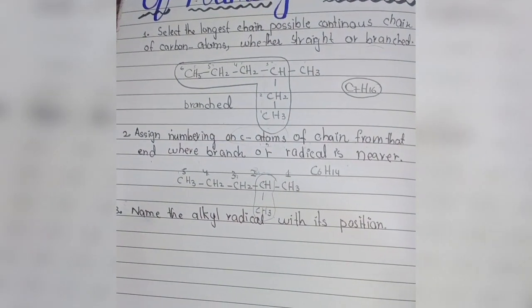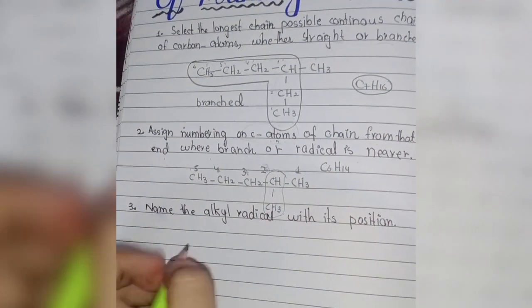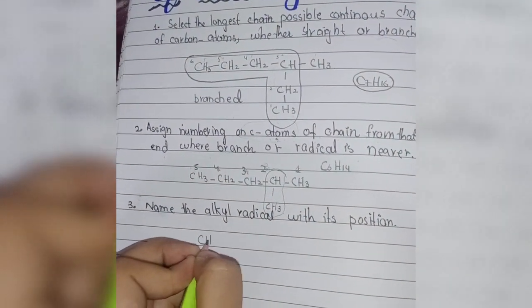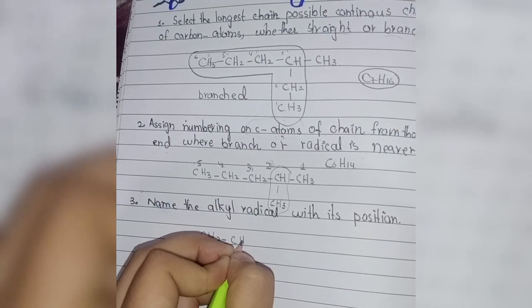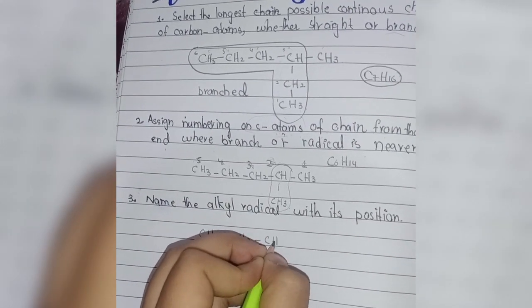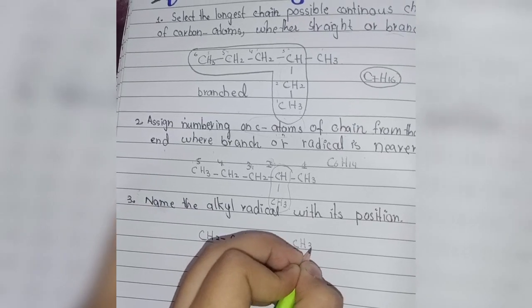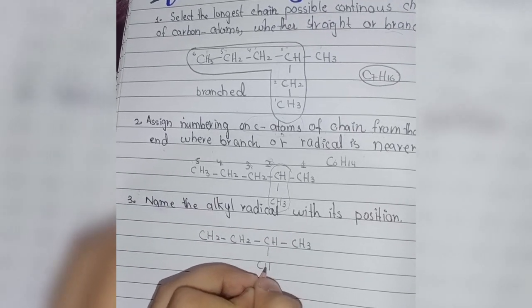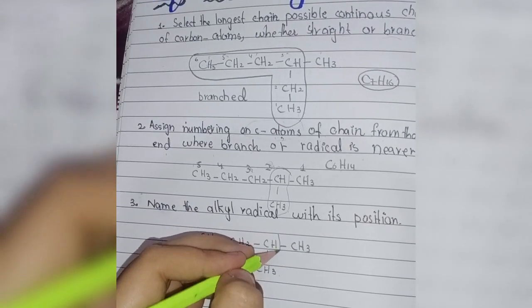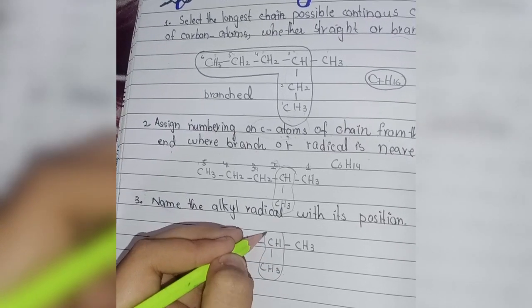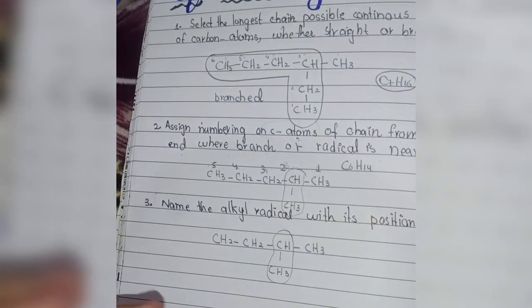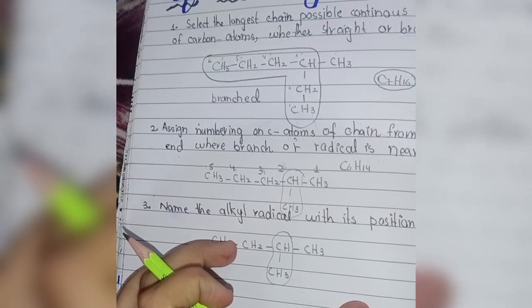Okay, so here I'm making one structure. This is what we have, the alkyl radical. Now we have to name the alkyl radical with its position.